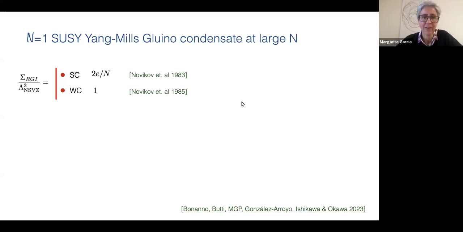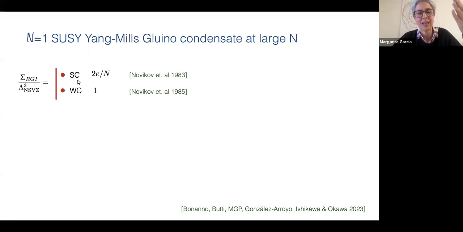So we have attempted to compute the gluino condensate. The results for the gluino condensate are available using instanton-based methods. There are predictions of the gluino condensate in units of this lambda in the NSVZ scheme, with 2 different predictions.